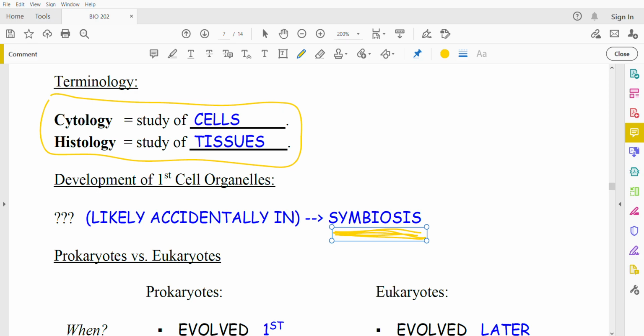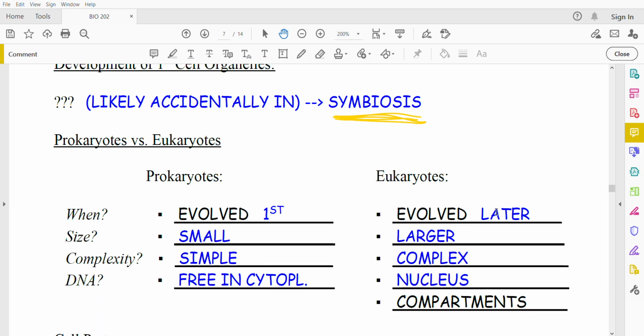So both parties benefited, or at least one party benefited, and the other party wasn't harmed. As a result of that, slowly cell organelles became more and more common, and we started to see them in the cells.